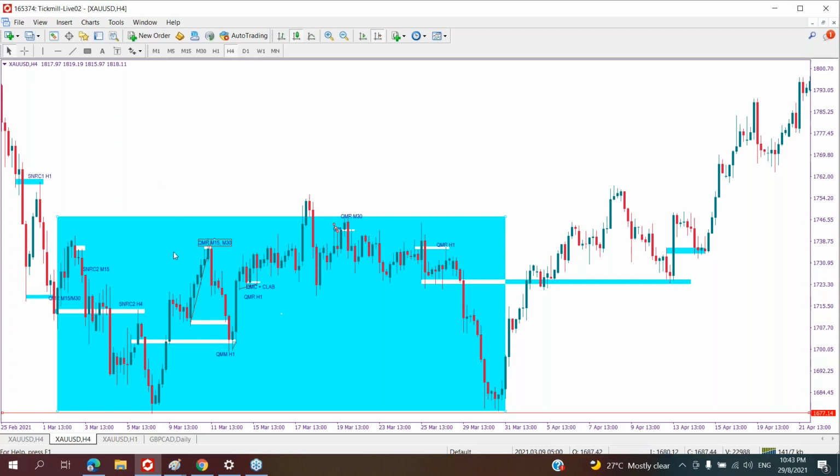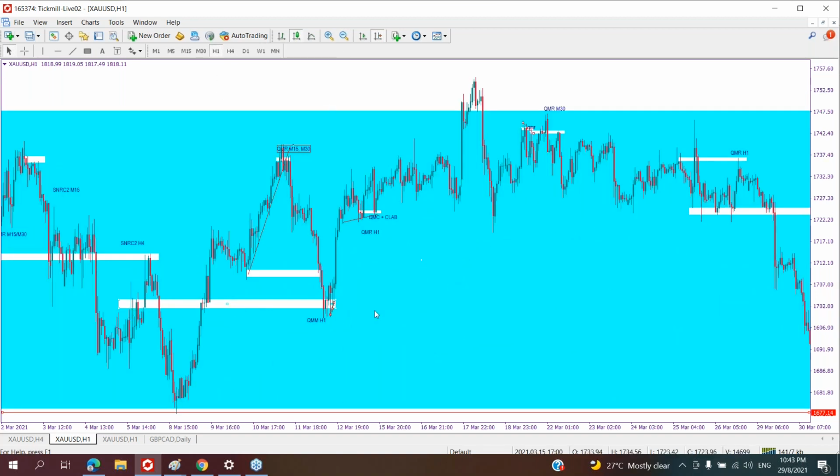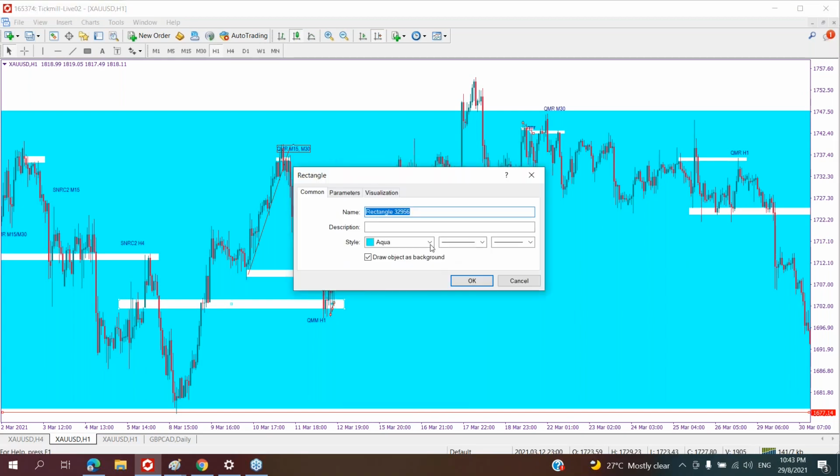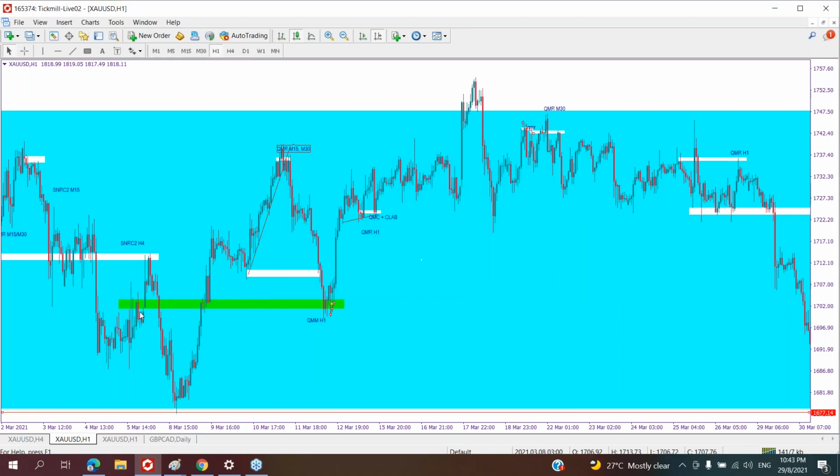Let me show you. You see, this is QMM, right? I think it's better I change the color. So this is QMM. We have high, low, higher high, low, lower low at the same time.